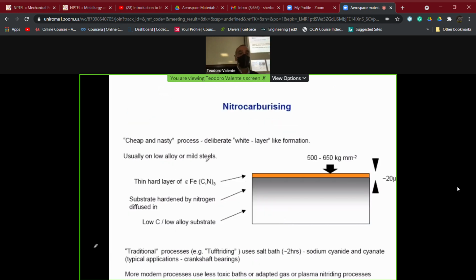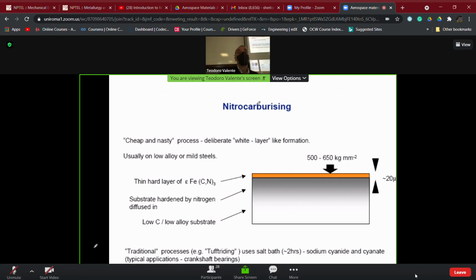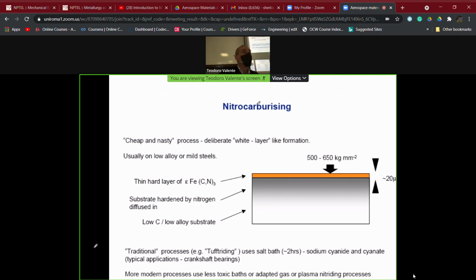We can have also diffusion of nitrogen. In this case, if we have diffusion of nitrogen enriching by the Fick law, the difference between carburizing and the diffusion of nitrogen is that when we use nitrogen on iron-based materials, we do not need the further step of quenching of temper, because with diffusion of nitrogen, there is the direct formation of iron nitrides, which are hard, very hard compounds, able to give to our surface the increase of hardness which is expected.